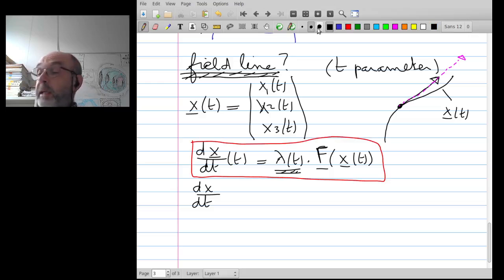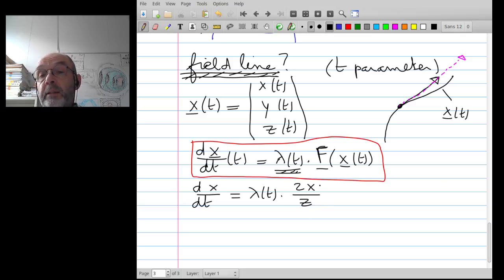And what do we have? The first component, or maybe I can better write x, y, z, because the index is not so nice to work with. So we get that dx/dt has to become equal to some lambda(t) times 2x divided by z, that is your vector field.